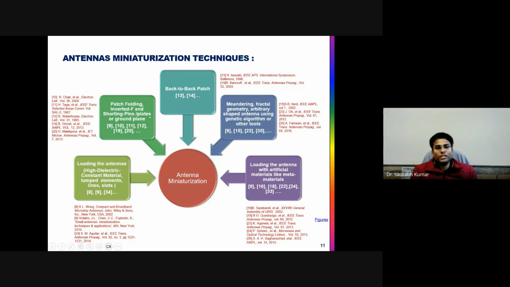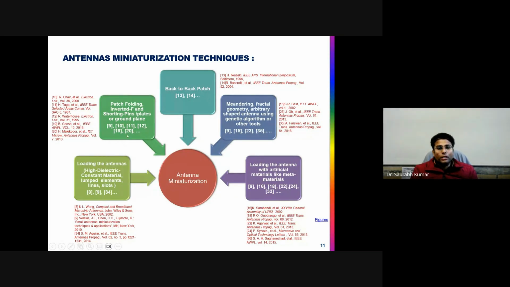If you are slotting, your current will take a longer path around the slot to reach from one radiating edge to the other radiating edge. The longer path means longer time, which leads to a reduction in the resonant frequency of the antenna. As I told you, a shift in the resonance leads to miniaturization if you have not changed the original size of your antenna.